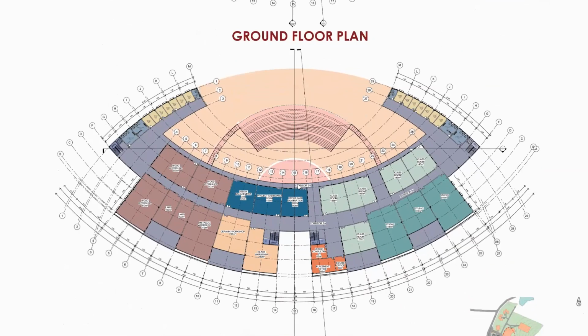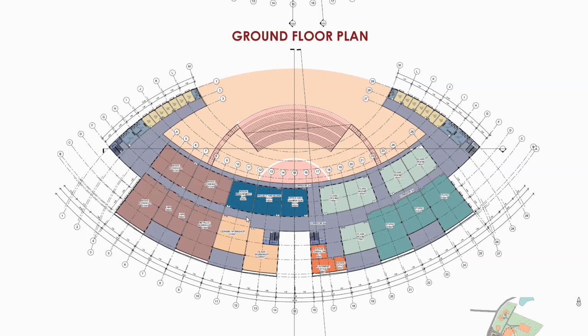And in the first floor, I have given the workshop areas and office rooms. Like I said before, in NID Ahmedabad, only two workshops are provided on the ground floor.